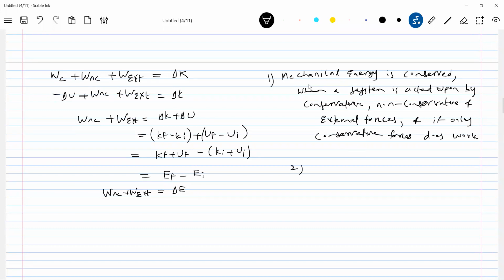Next again, don't think that only conservative forces should act. Let all the forces act. If only conservative forces do work, mechanical energy is conserved.